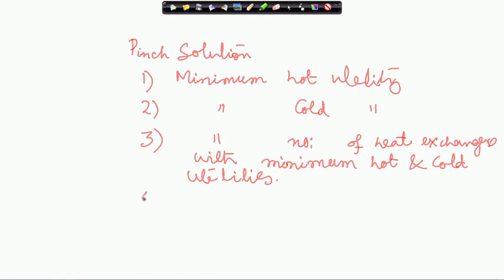Then stream matching for every heat exchanger.